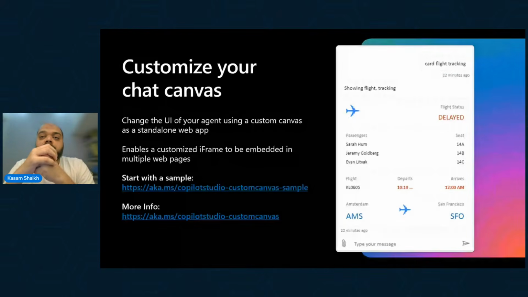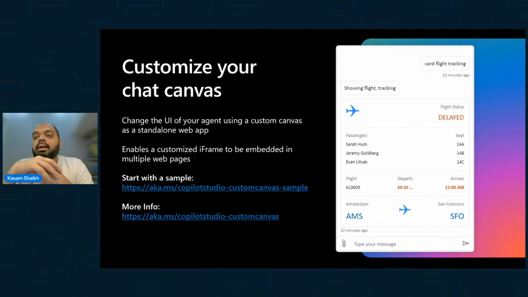If you want to learn more about how this is done, you can start with a sample at the link provided, and read the documentation on how it works. It's a very simple link: aka.ms/copilot-studio-custom-canvas-sample, aka.ms/copilot-studio-custom-canvas.